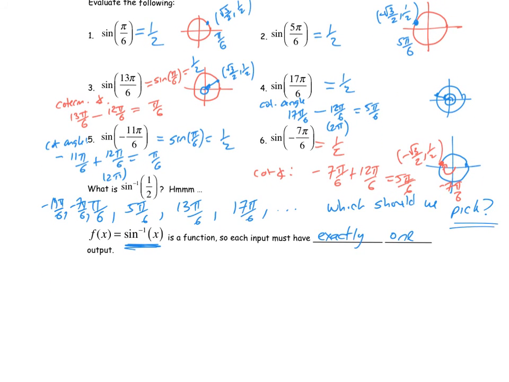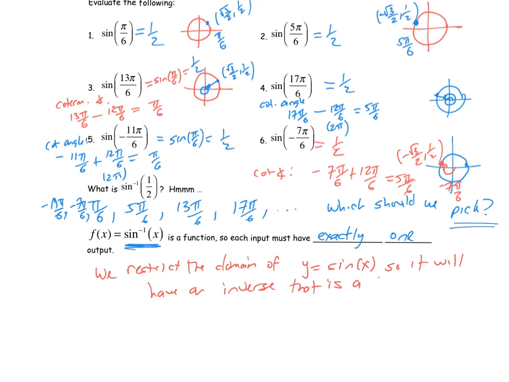So in order to make sine inverse a function, what we're going to do is restrict the domain of y equals sine x, so that it will have an inverse that is a function. And that's what we're going to be doing in the next examples.